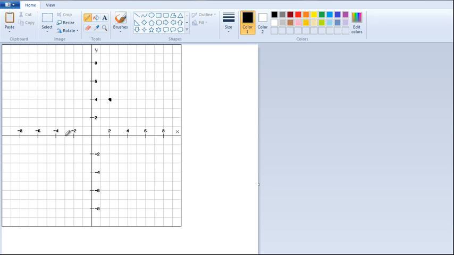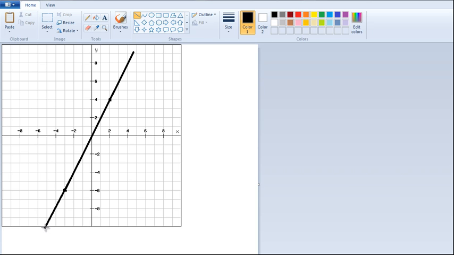X is -3, y is -6. Now, let's draw a line passing through these points. Let's draw a straight line like this. And then it has to go through this point.